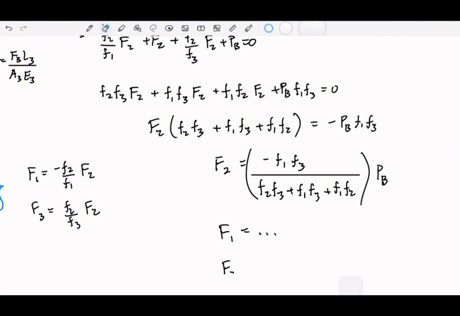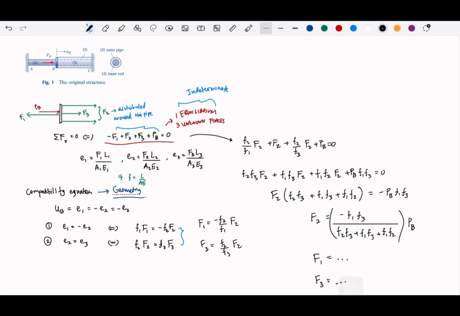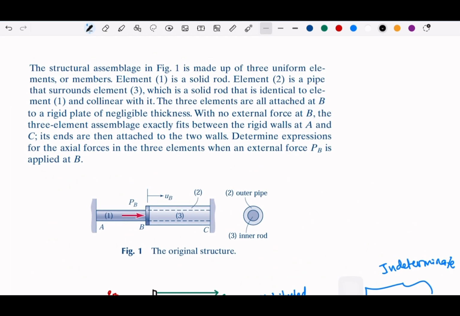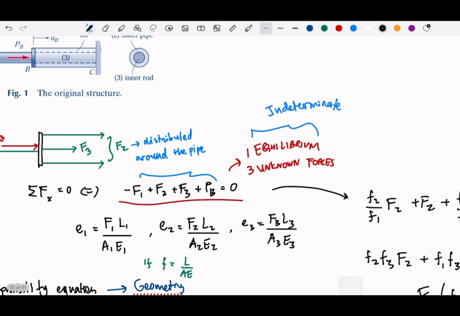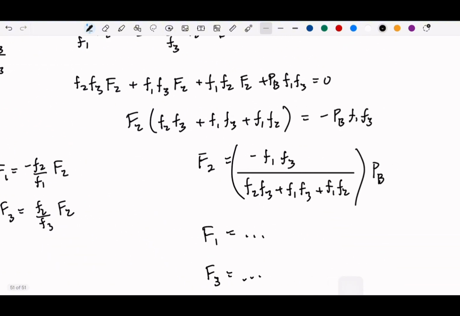Okay, so that's how we can get the expression. So the question is only asking for the expression for the axial force in the 3 elements, which means F1, F2, and F3 in terms of PB. Okay, so we get everything, F2, F1, F3.